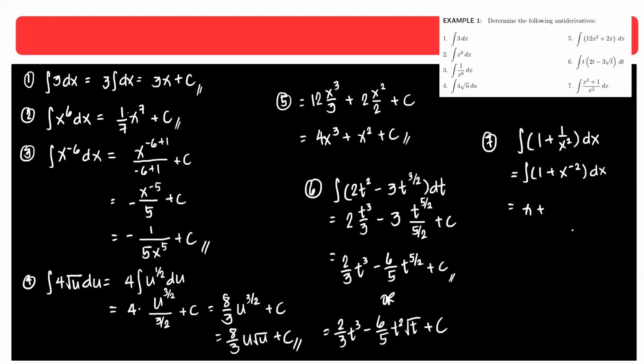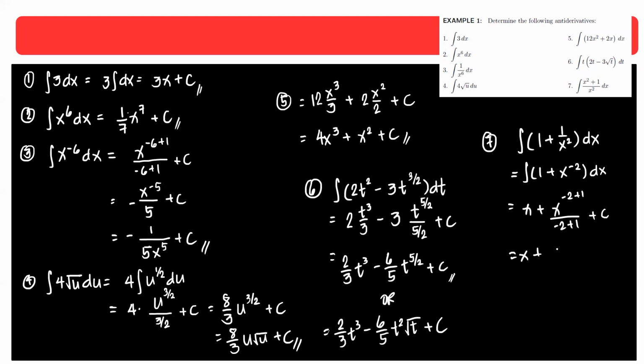The power is -2, right? Yes, I received some correct answers already in the chat. So, this one is x to the -2 plus 1 over -2 plus 1 plus c. x.